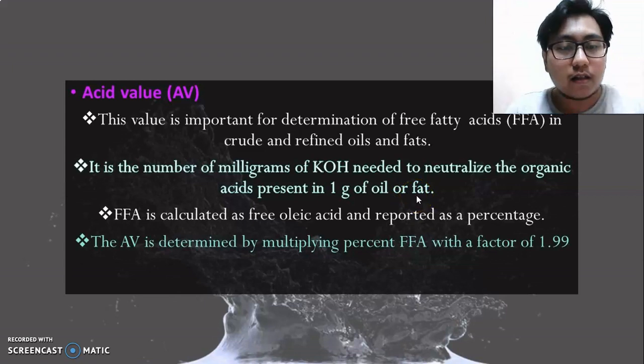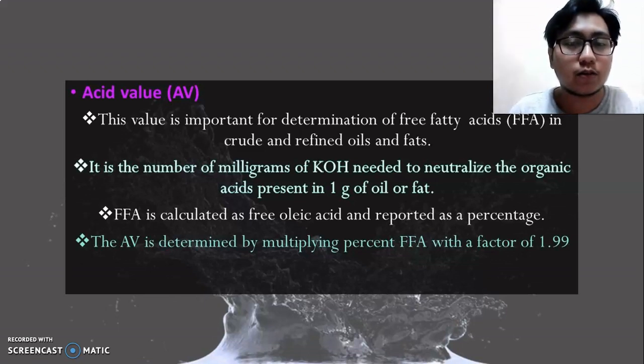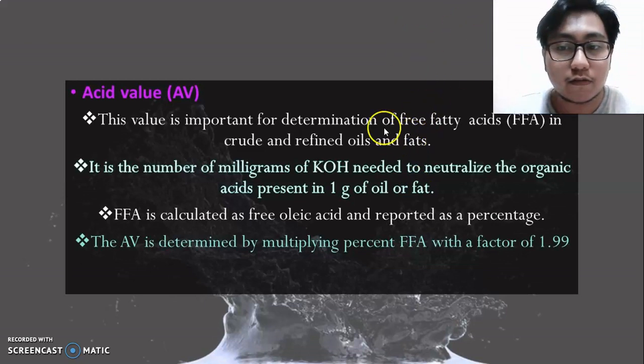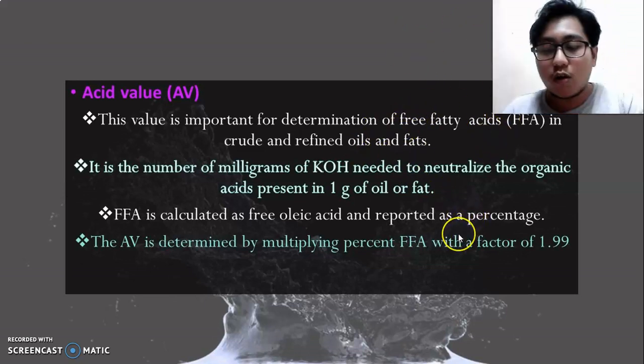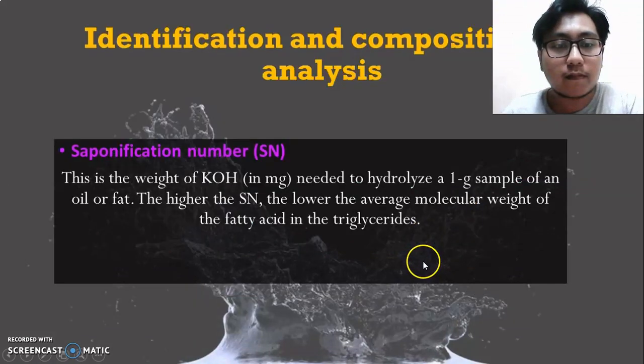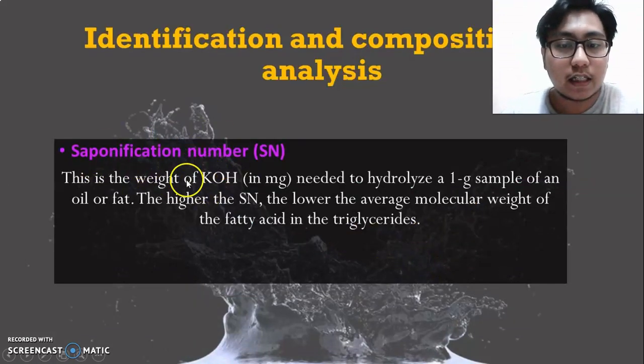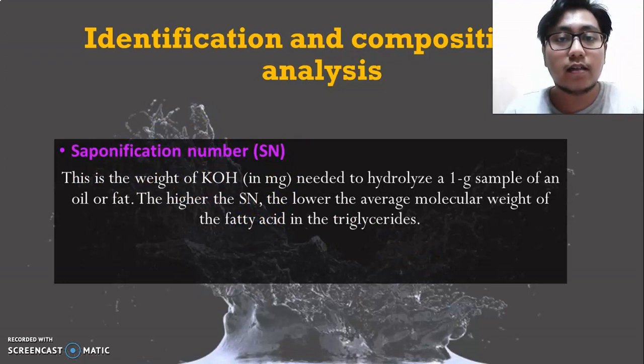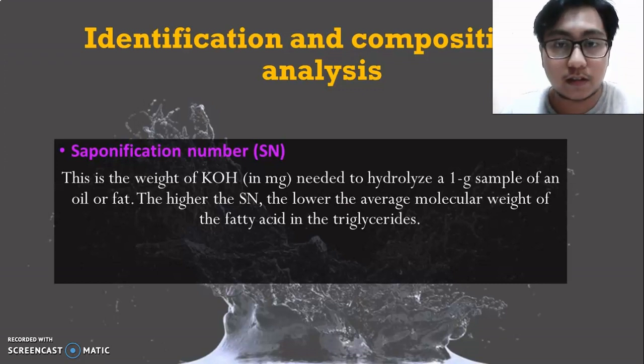Some of you may be wondering why this sounds very similar to the saponification number. Well, it is different. Acid value depends on the number of free fatty acids in the oils and fats, while saponification number depends on the characteristics of the fatty acids in the fats and oils.